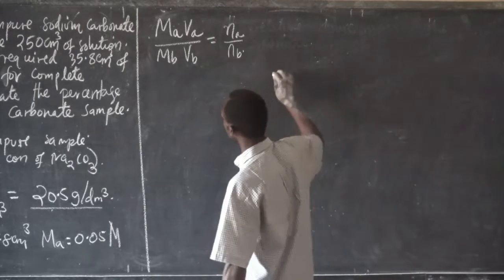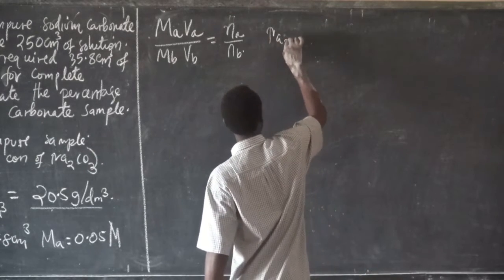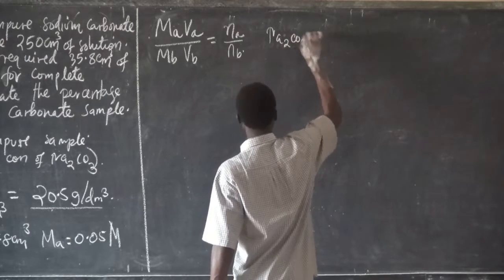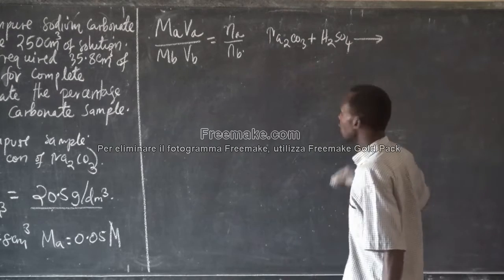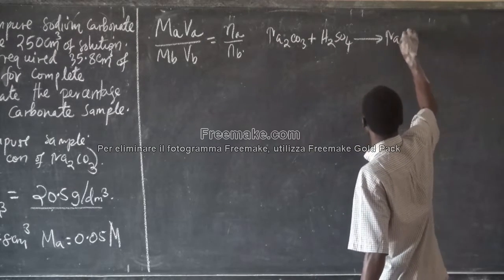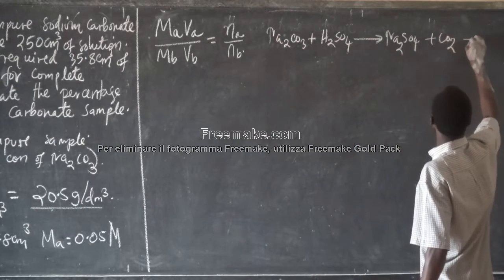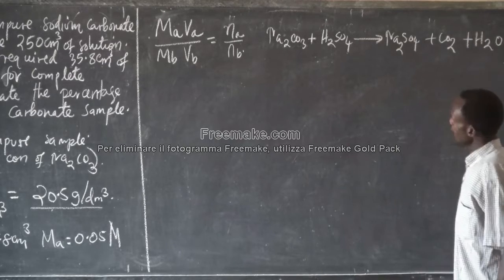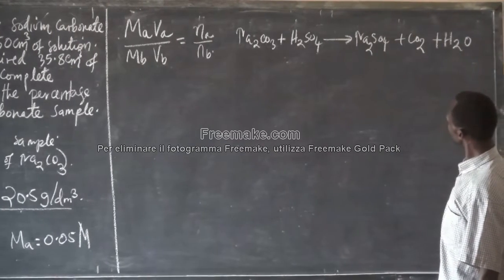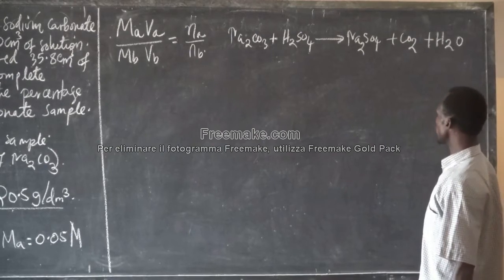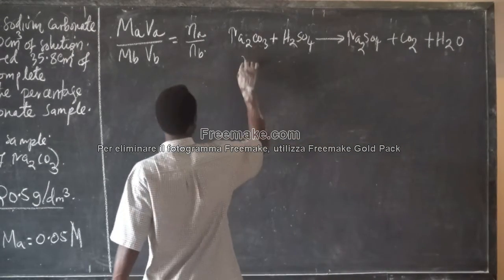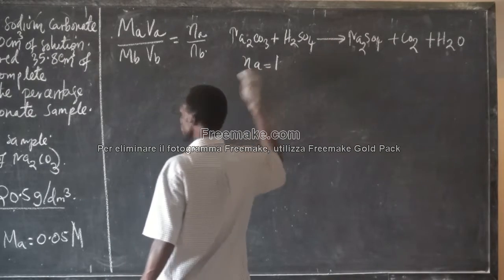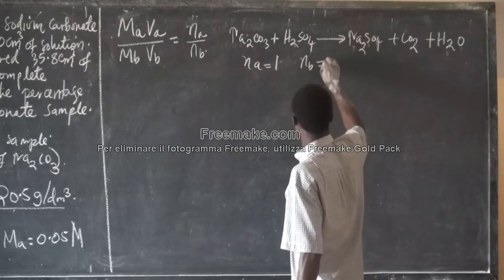The reaction is between sodium carbonate plus sulfuric acid to produce sodium sulfate plus carbon dioxide plus water. Let's balance our equation. Is it balanced? Now the equation is balanced. From the balanced equation, number of acid is equal to 1, number of base is equal to 1.